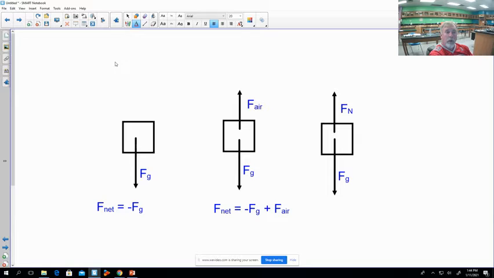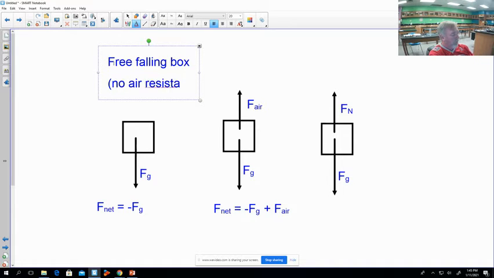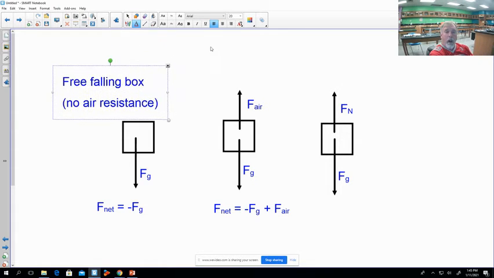So let's go up here. What do we have here? Free falling box. What does that mean? No air resistance. Here we have a box falling with air resistance.